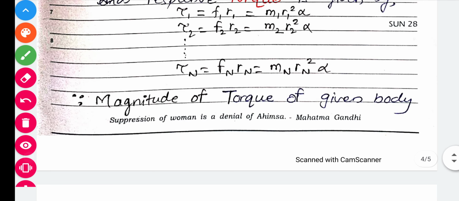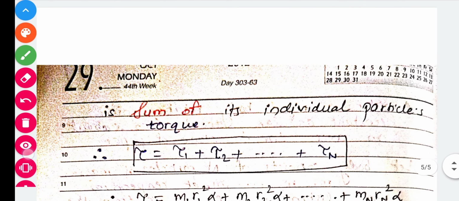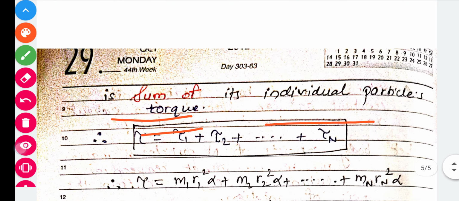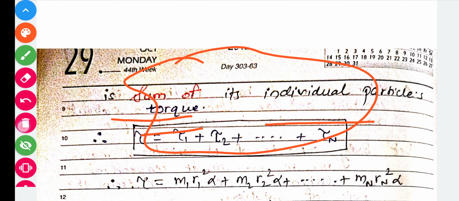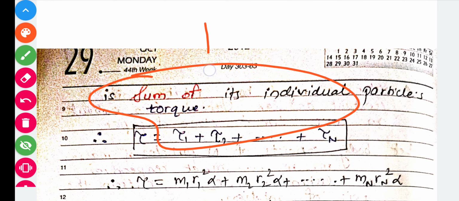So till now we have found the torque of all the particles. But what the theory says is that the magnitude of the torque of the given body is the sum of its individual particles' torques. Suppose this is a body rotating about an axis with constant angular acceleration.